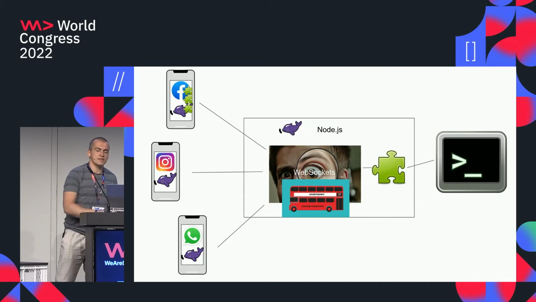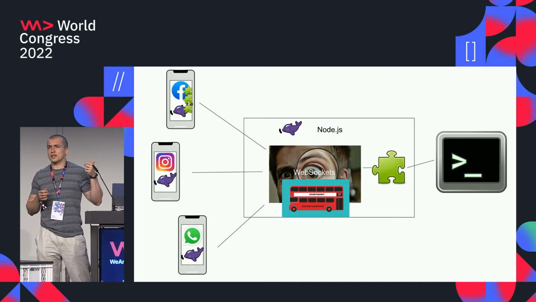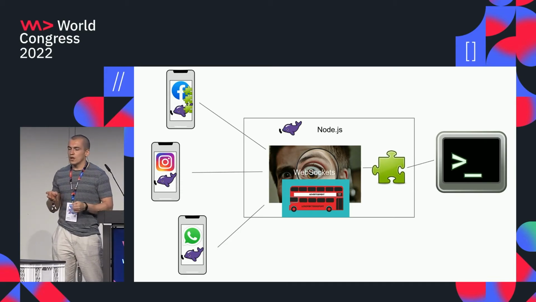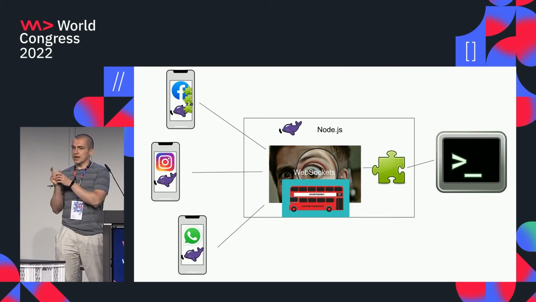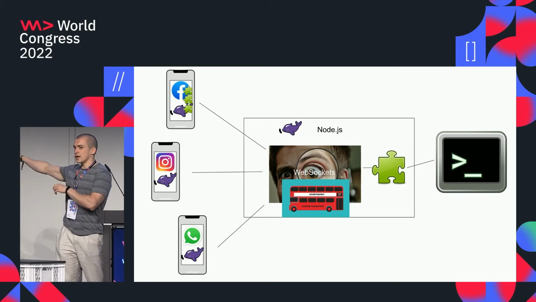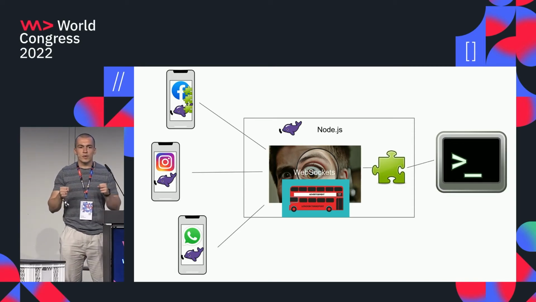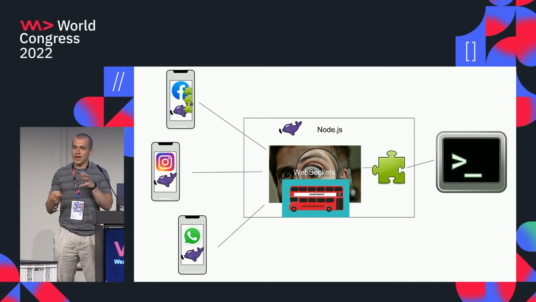So another idea, and that's the idea that we actually went with, is that we already have the Node.js process. Why don't we move the plugin state from the UI to that Node.js process? So we did some code extraction. We created yet another package that we shared between the UI and Flipper server.